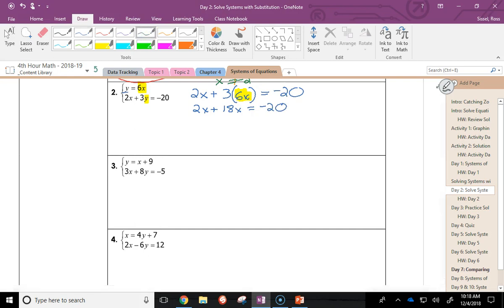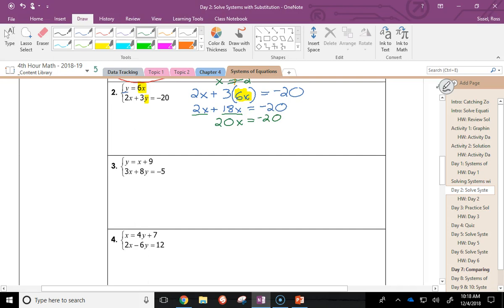Okay, I'm going to look for like terms. I have 2x and 18x. Oh, good. I have coefficients, the same variable. So I can add my coefficients. 2 plus 18 is 20x. 2x plus 18x, 20x, equals negative 20.